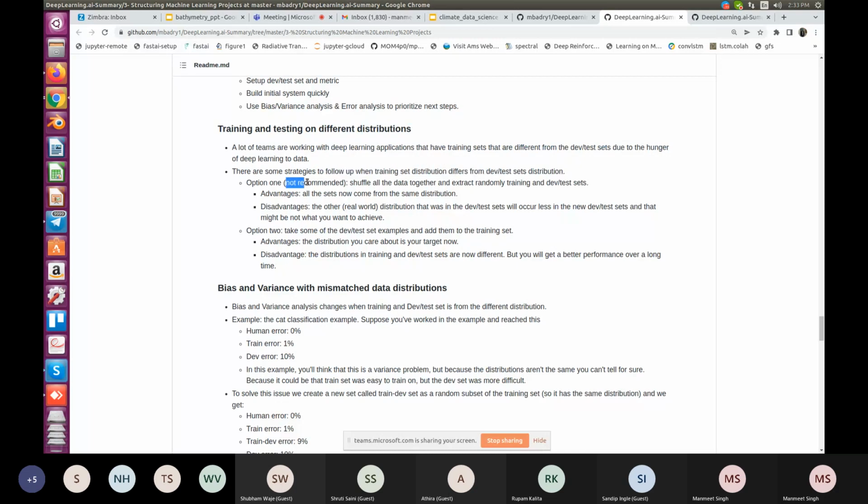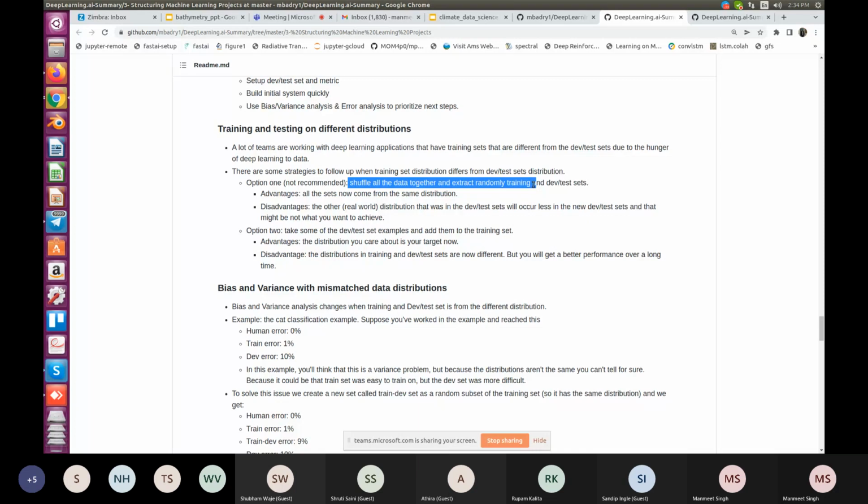Option one, which is not recommended: shuffle all the data and randomly extract training and dev or test sets. So if your training and dev or test sets are not coming from the same distribution, you just randomly shuffle. The advantage is that all the sets now come from the same distribution.